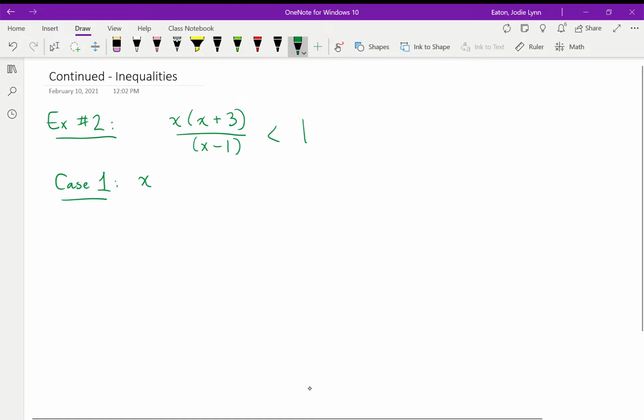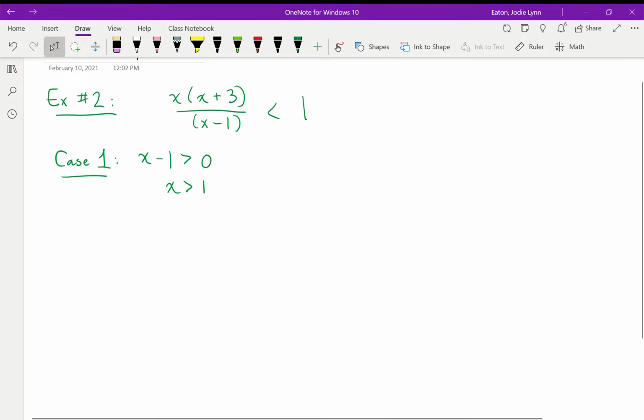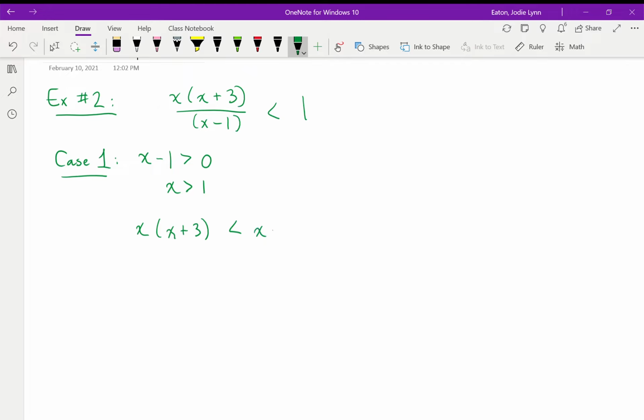Case 1: x minus 1 is positive, so x is greater than 1. When we multiply both sides by x minus 1, the inequality stays facing in the same direction because we multiplied by a positive number. So we have x times x plus 3 is greater than x minus 1.